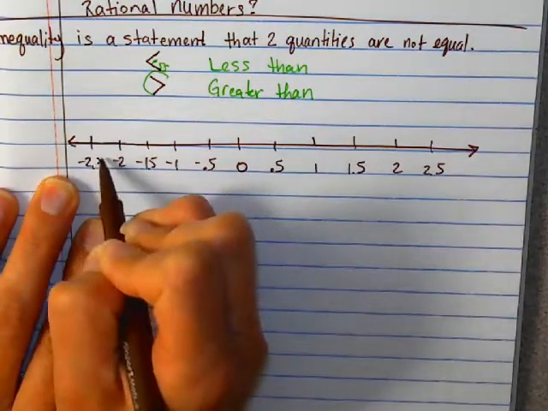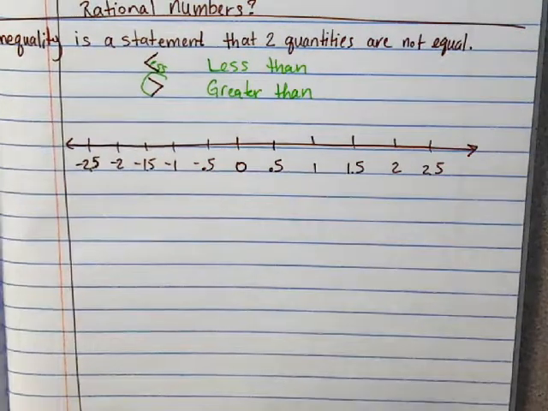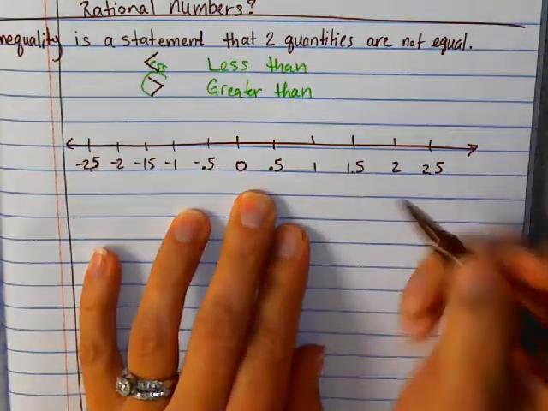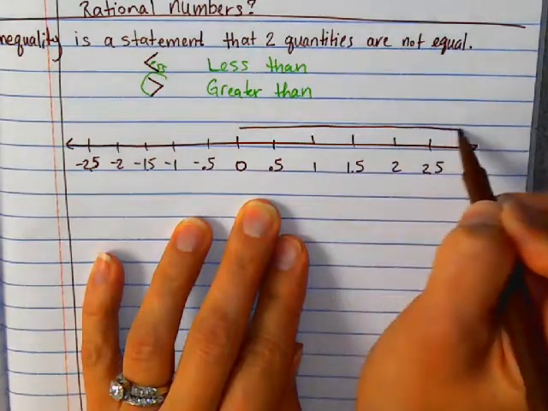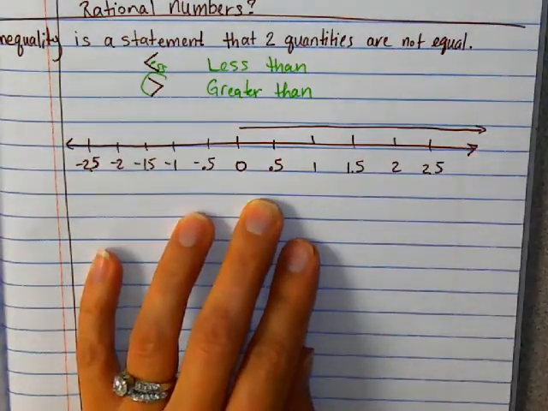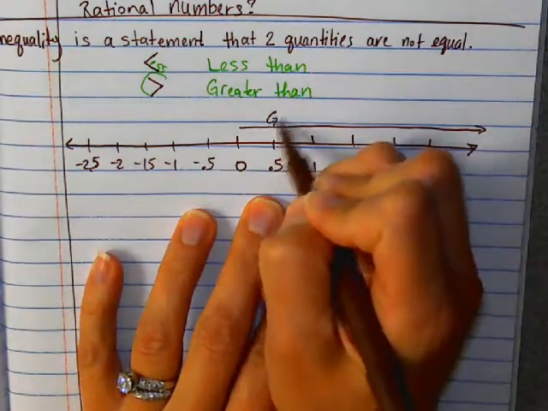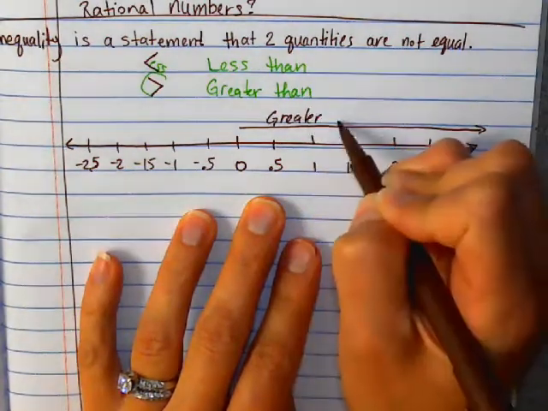When you're looking at a number line, as my numbers are going to the right from 0, what's happening to these numbers? As I'm going to the right, they're increasing, right? They're getting greater in value.